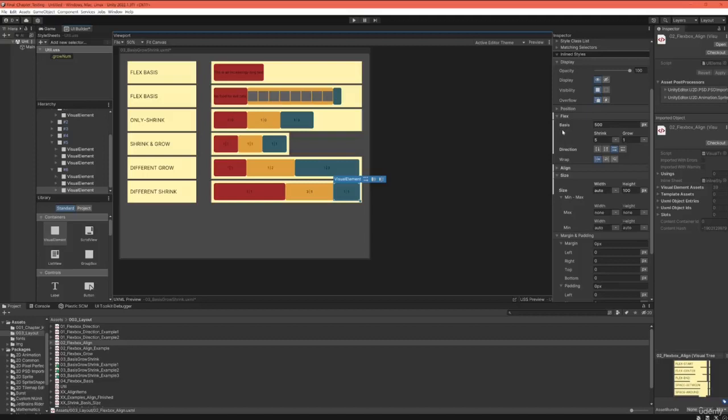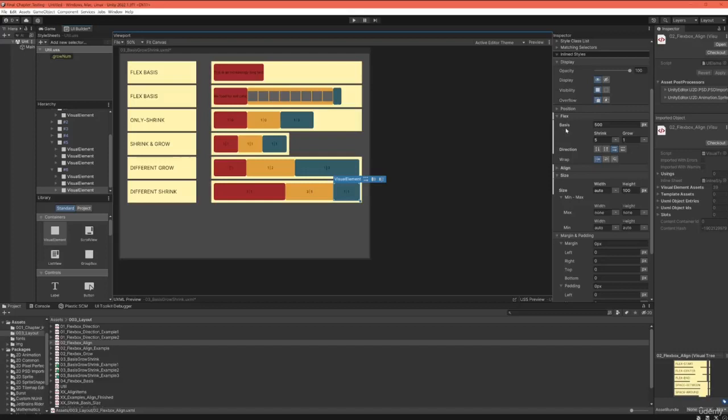Now, the flex basis is the most mysterious of those properties, the one that probably is least intuitive in the beginning. And we tried two definitions for flex basis, which are both sort of true, but not true enough, or they're not telling the whole story. The first definition was to say the flex basis is the size that elements want to have on the main axis, that they ideally have on the main axis, if they have enough space.